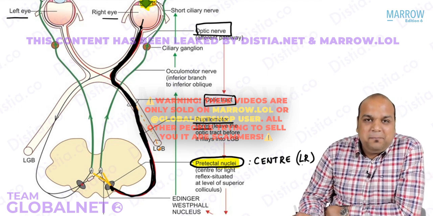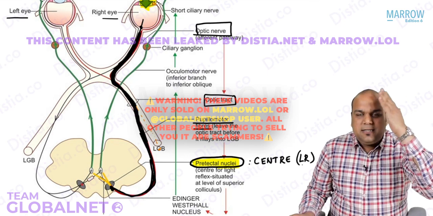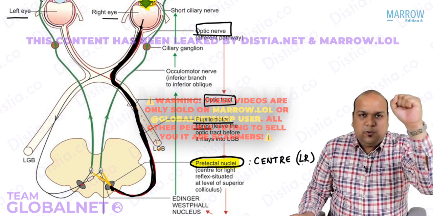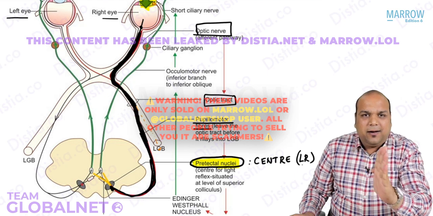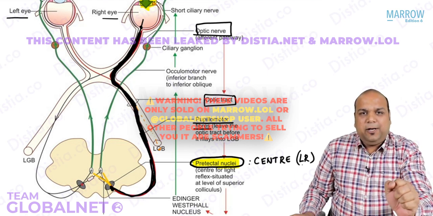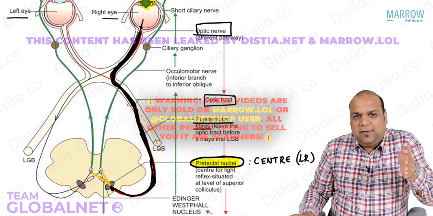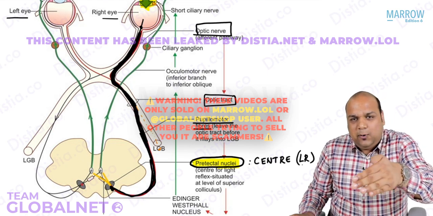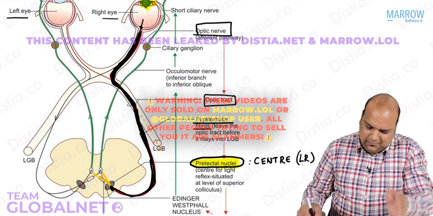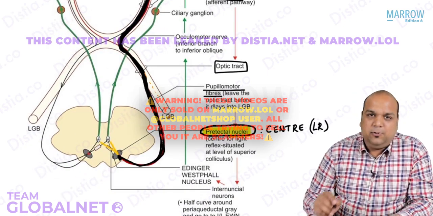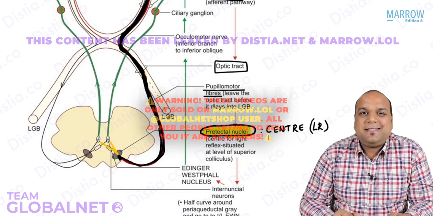Am I absolutely clear? So till now, if you see the pathway, let's assume this is my right eye, everybody. So I've thrown light on the right eye, right optic nerve, optic chiasma, right optic tract. From the right optic tract, the fibers leave and go to the right pretectal nucleus. Till now clear? Now, from the right pretectal nucleus, that is where the magic happens, you can say.